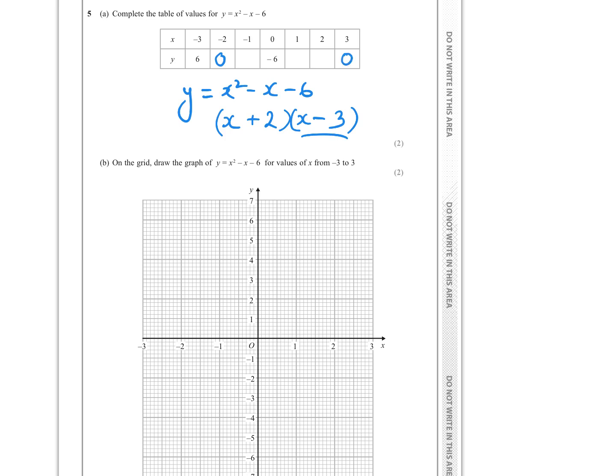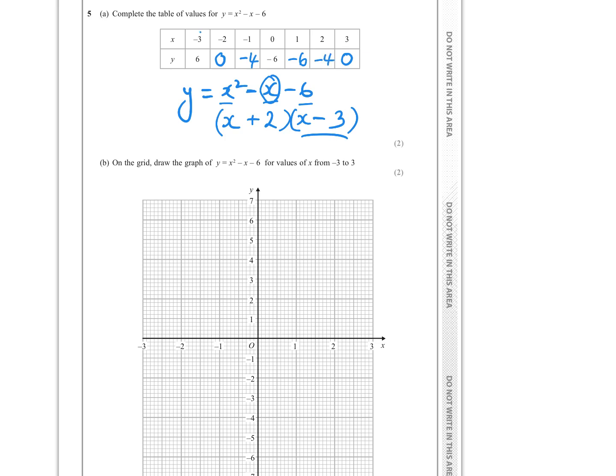But if you don't like that, you can just put on your calculator the values in here. Just be careful that when you square a negative, it's always positive, and when you're taking away a negative, that becomes positive as well. So we can fill these numbers in here. So we get 6, 0, negative 4, negative 6. That'll be negative 6 and negative 4.